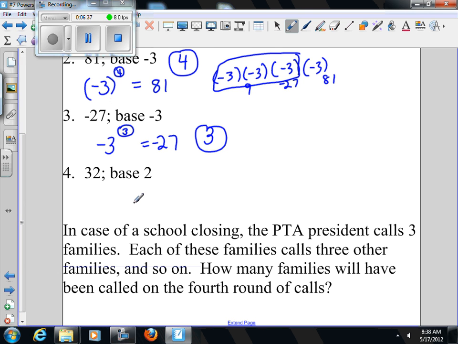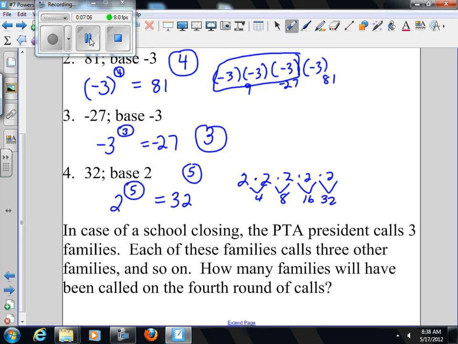Next, 32 and base 2. So we're saying 2 raised to what power gives us 32? And you can start multiplying. 2 times 2 is 4, times 2 is 8, times 2 is 16, times 2 is 32. And so we have 5 2's, so it's 2 to the 5th. 5 is our missing number.